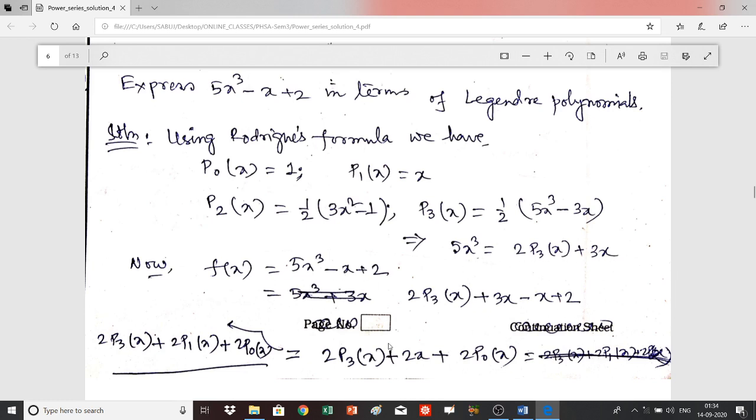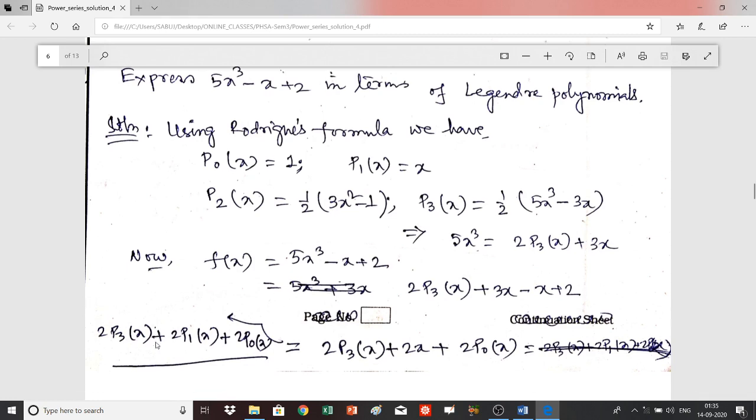This gives 2P3 plus 2x plus 2, where 2 into 1 is 2P0(x), and x is P1(x). So finally it gives 2P3(x) plus 2P1(x) plus 2P0(x). So 5x cubed minus x plus 2 can be written as 2P3(x) plus 2P1(x) plus 2P0(x). So all these terms are converted into Legendre polynomials.